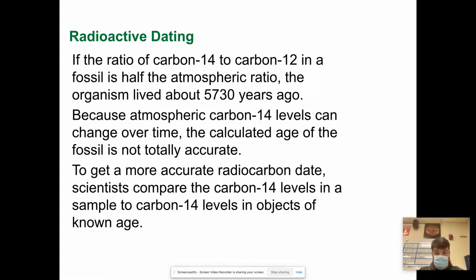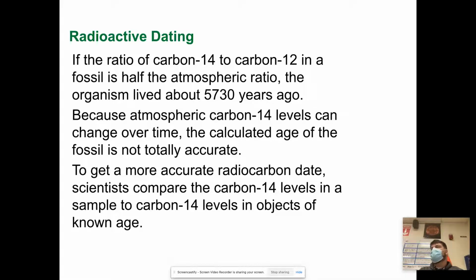Because the atmospheric carbon levels can change, to get a more accurate radiocarbon date, scientists compare carbon-14 levels in the sample and carbon-14 levels in objects of a known age. So if they know something is so many years old, they say, well, where's that at, right? So you might say, well, how do they find out?